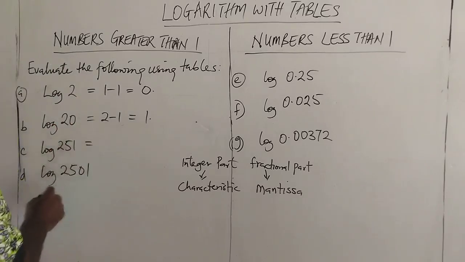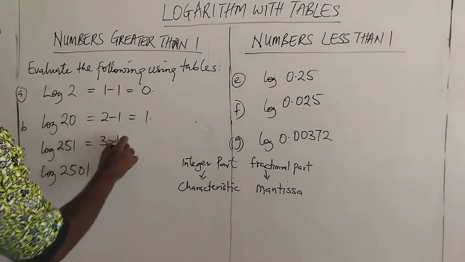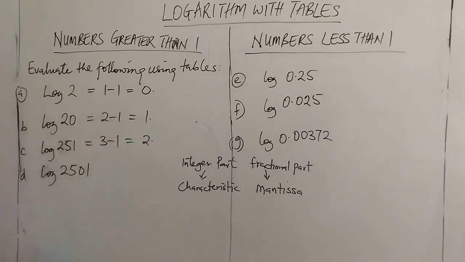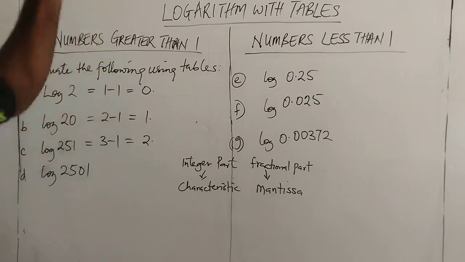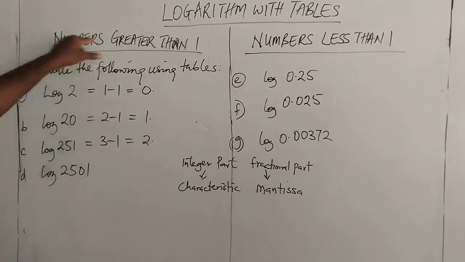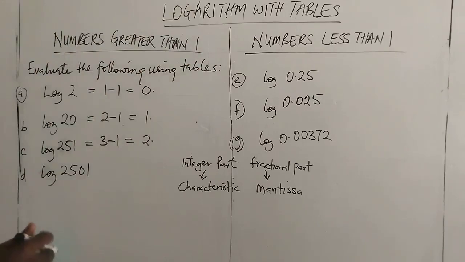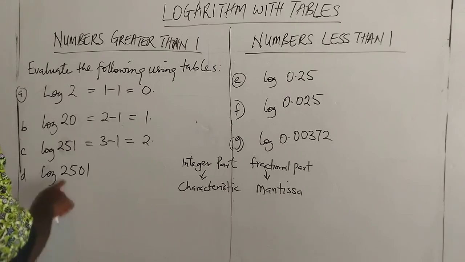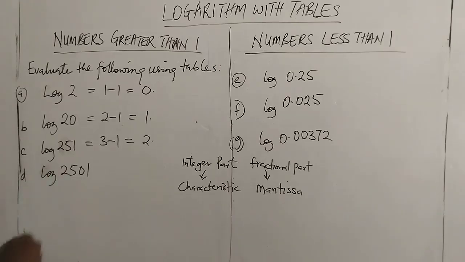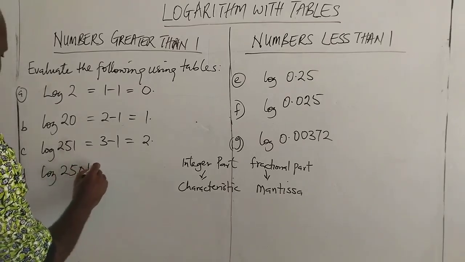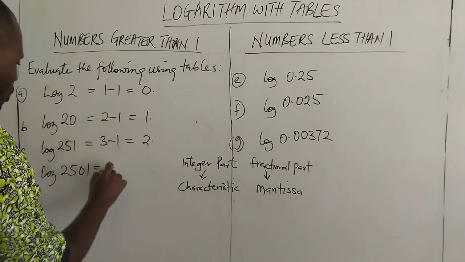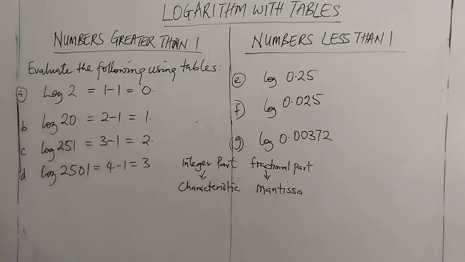For 251, there are three digits in the number, so the characteristic will be 3 minus 1, which will give you 2. You always subtract 1. As long as the number is greater than 1, subtract 1 from the number of digits of the integer part. This one has 4 digits, 1, 2, 3, 4, in the integer part. Then it will be 4 minus 1. That will give you 3.